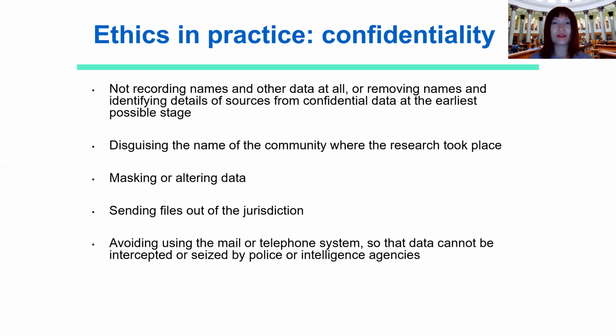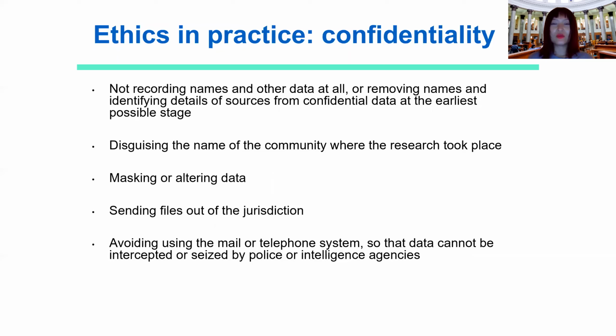Another commonly used practice in research ethics is confidentiality. Confidentiality is that we try not to expose information about the participant to the audience, whether to the academic community or to the public.